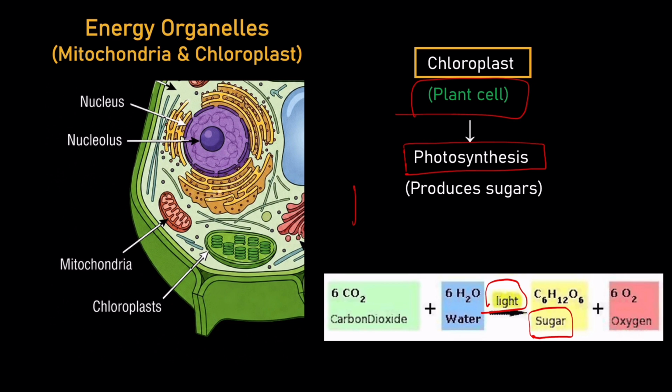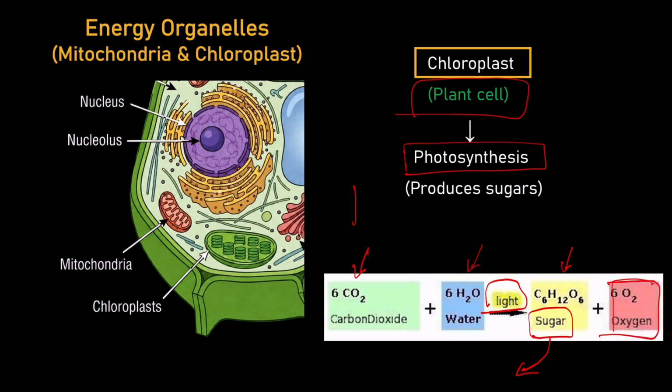This chemical energy is what cells use for cellular respiration. And in order to synthesize this glucose, you can clearly see that plants need carbon dioxide and water as raw materials, and then they produce nutrient molecules such as the sugar and an important byproduct, oxygen.